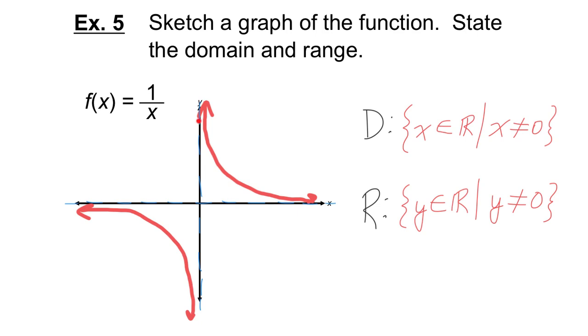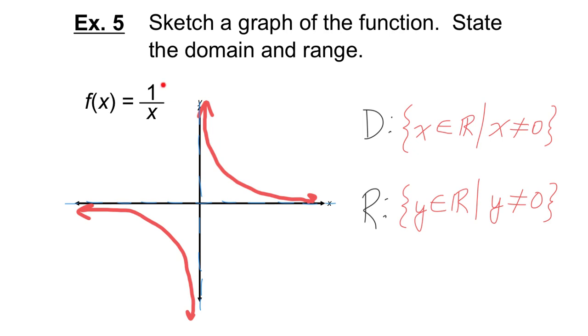Y equals 0, x equals 0. The function never touches those lines, so x cannot equal 0. Y cannot equal 0. X can be positive, x can be negative, but x can never equal 0. Same with y. Y can be positive, y can be negative, but it will never equal 0. So that's where those restrictions are coming from.